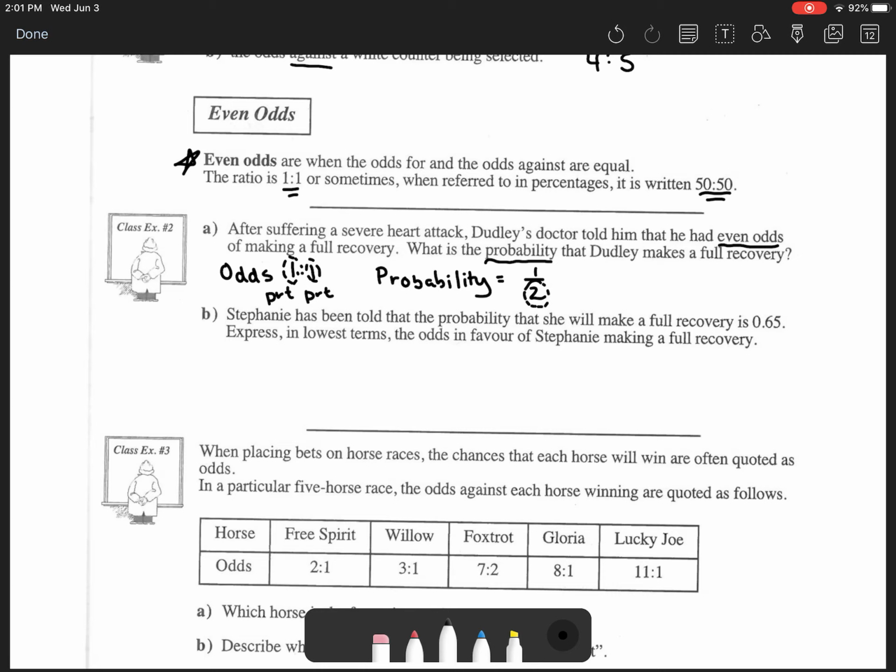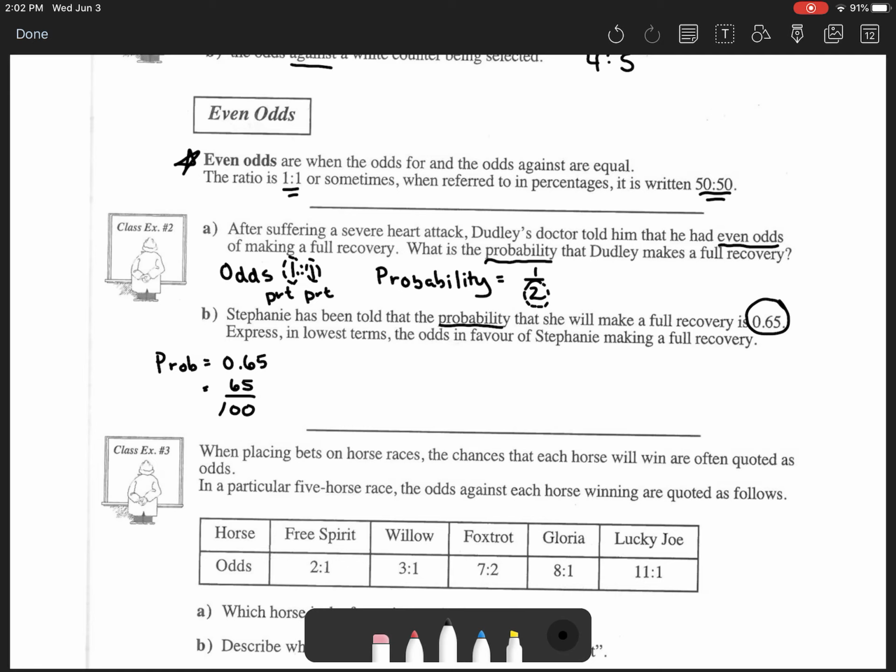Now, Stephanie has been told that the probability she will make a full recovery is 0.65. Express in lowest terms the odds in favor of Stephanie making a full recovery. So the first thing is that the probability is 0.65. So when I talk about that probability equaling 0.65, I know that that is 65 hundredths, or 65 over 100.